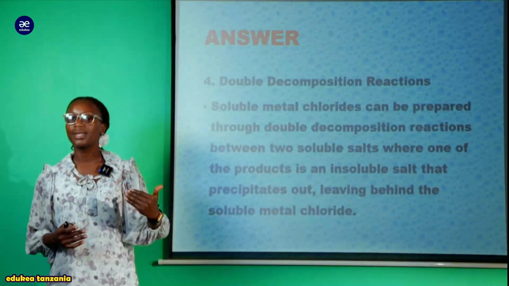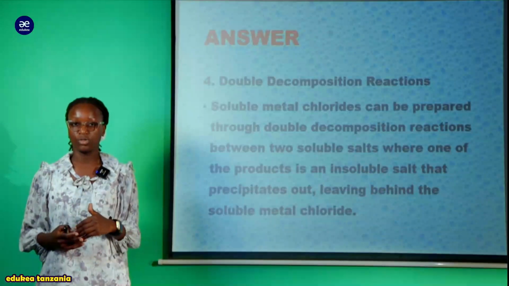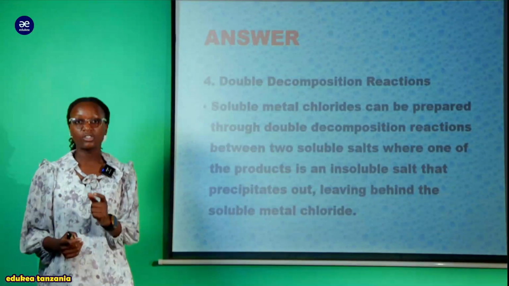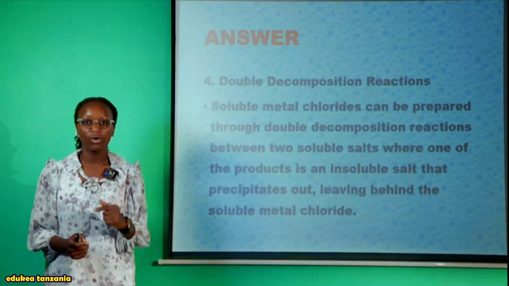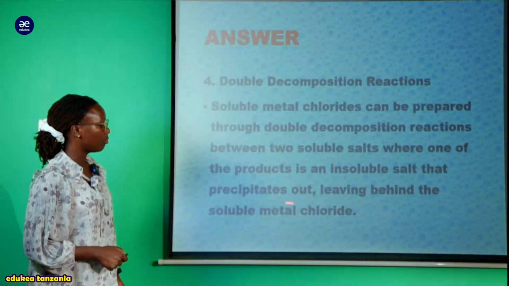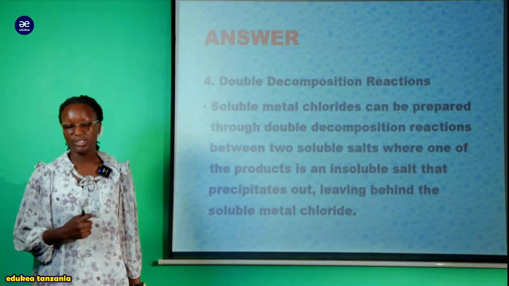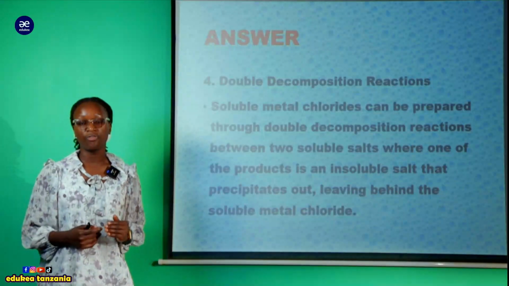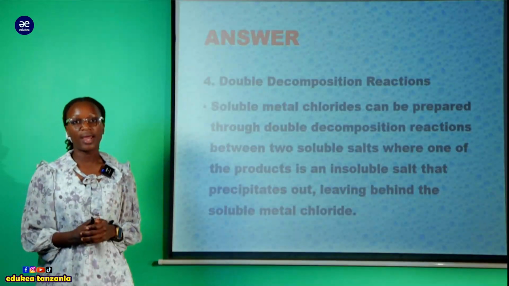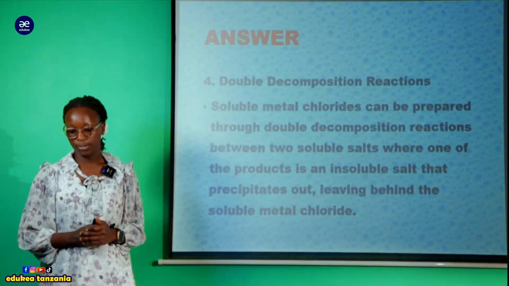So we get one soluble and one insoluble. Our main task is to prepare the soluble chloride, so obviously this method fits the preparation of these soluble metal chloride compounds.